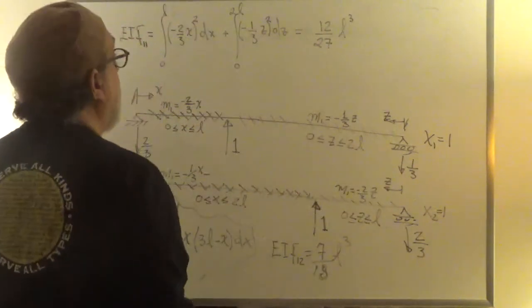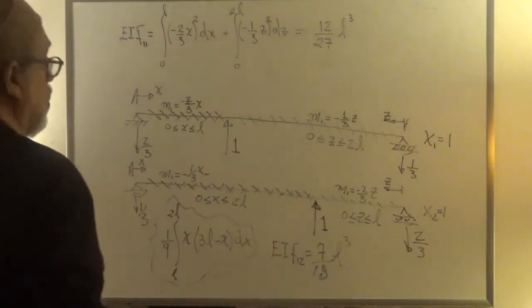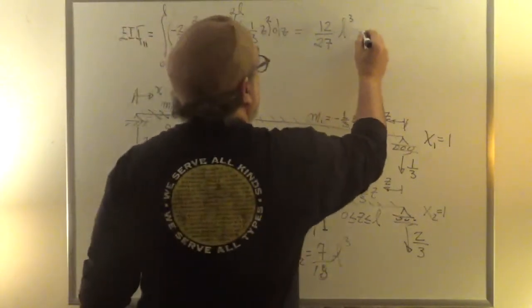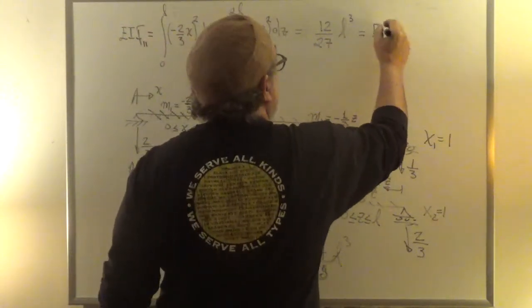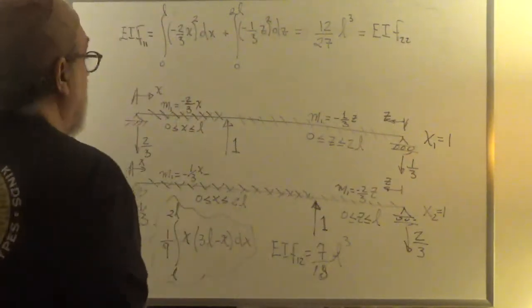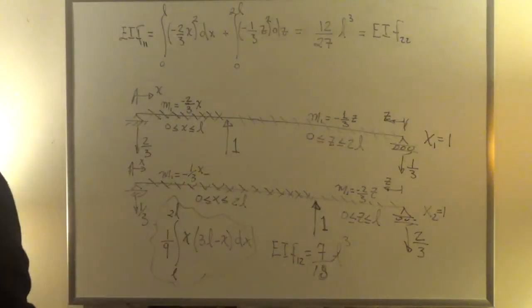So that's what EI F11 turns out to be. If you look at the sketches or write the equations, you will find that this is, of course, also equal to EI F22. So really, we've calculated everything there is to calculate with regards to the flexibility.